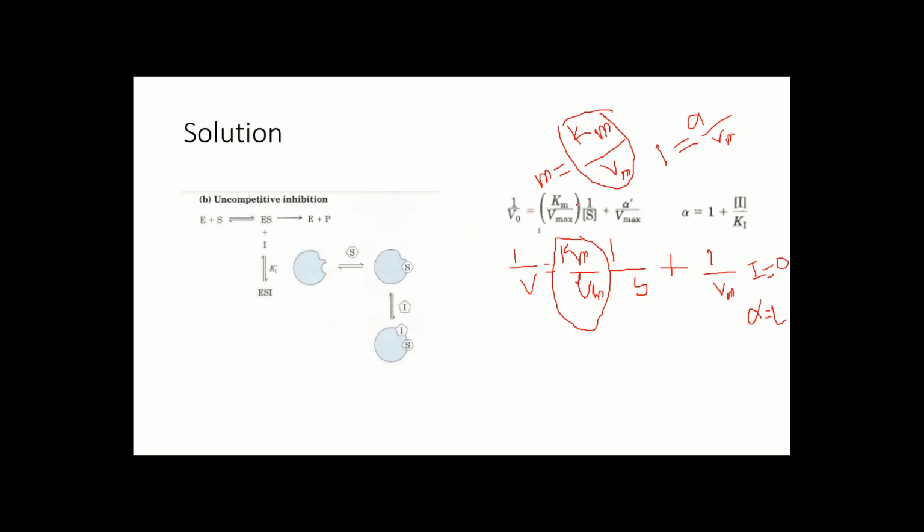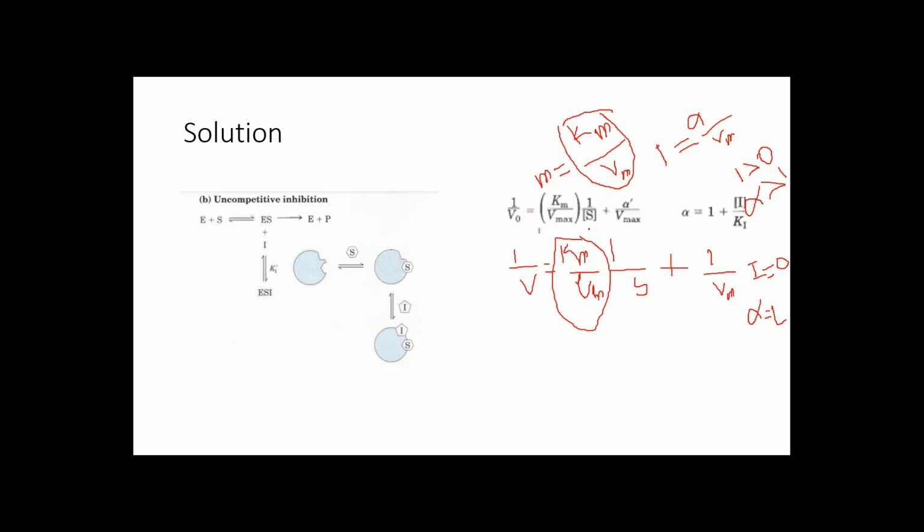Now the intercept: without inhibitor, when I = 0, alpha' = 1, then the intercept is 1/Vmax. And in the presence of inhibitor, when I is greater than 0, alpha' will be greater than 1.